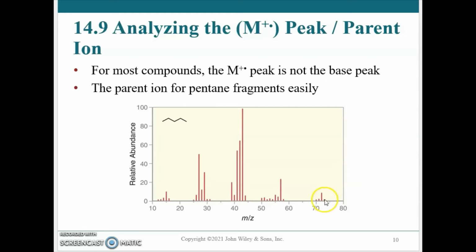So we'll always see a peak, and the larger the number of carbons, the more visible the carbon isotope peak will become. But it's always going to be small relative to the carbon-12 peak. So with time, you will recognize that this is most likely the molecular ion. So let's go to the next slide.